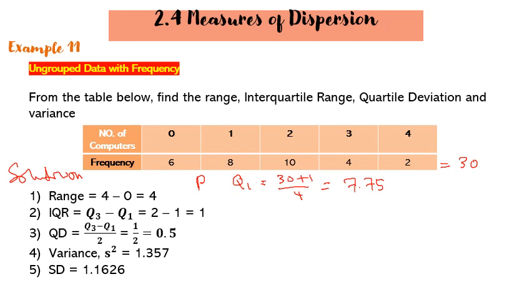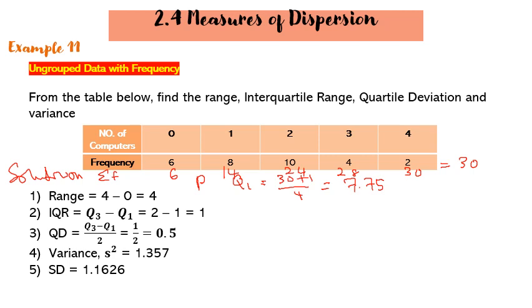Firstly, you must draw the cumulative frequency table first. Cumulative frequency: 6 plus 8 equals 14, plus 10 is 24, plus 4 is 28, plus 2 is 30.